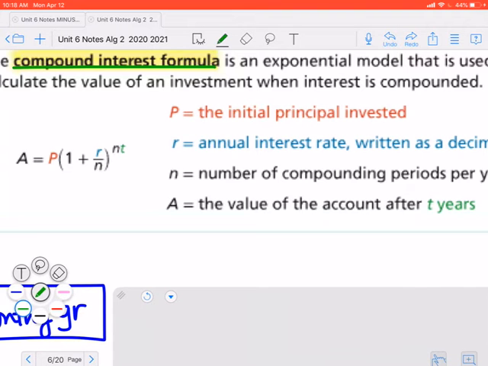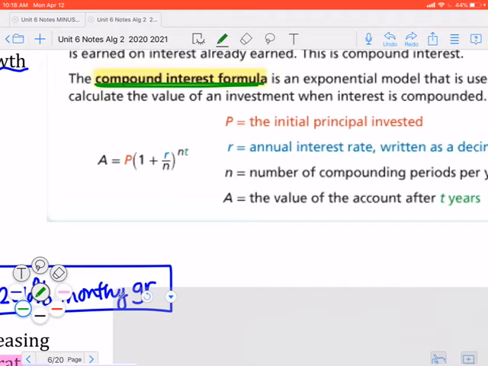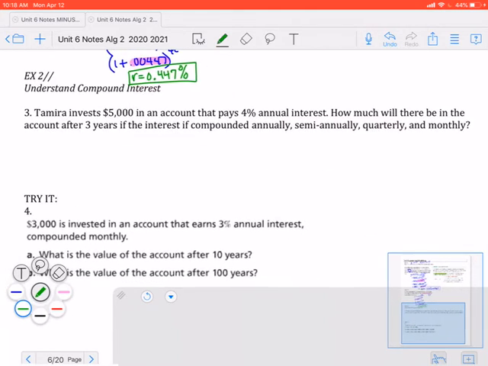If the bank tells you this is compounded monthly, then n would be equal to 12. Or compounded annually, n would be equal to 1, etc. That's how often they're figuring out the interest that they're going to pay you. And P is the principal, the initial value, what you're depositing or investing. So that's what we use for this problem here.